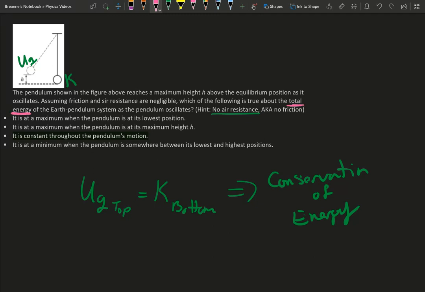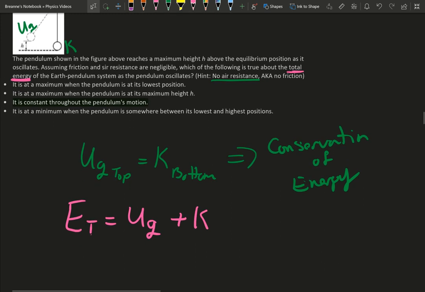energy. Total energy. Remember, your total energy equals your potential plus your kinetic at any point here. So if we're doing total energy at the top, our total energy at the top is just potential energy because we have no kinetic energy.